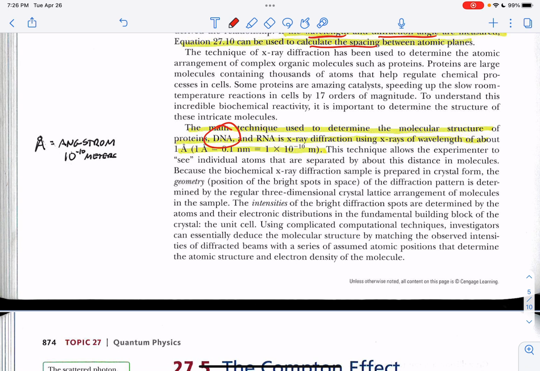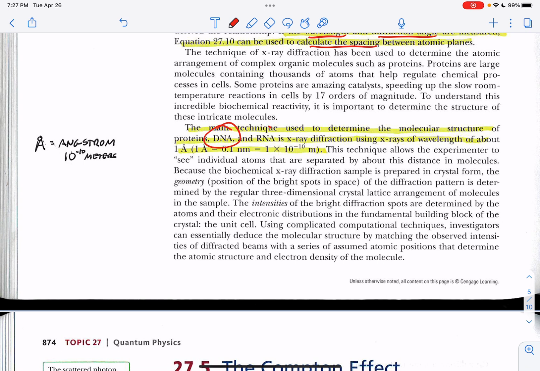But it wasn't until the early 1950s that they figured out the structure, the crystalline structure of DNA. That it was, in fact, what we now call a double helix. Or we could say it's like a spiral staircase. Or we could say it's like a ladder that is twisted around some vertical axis.